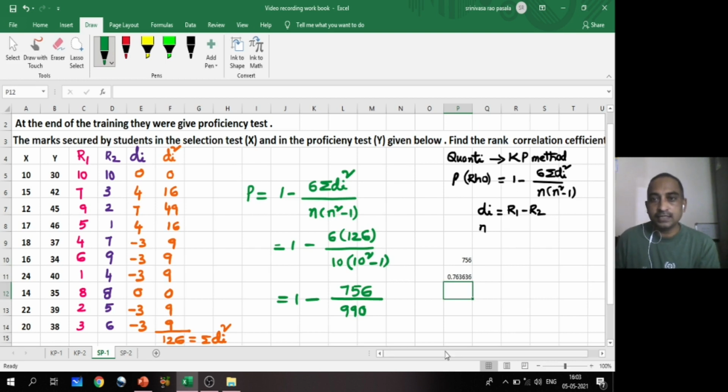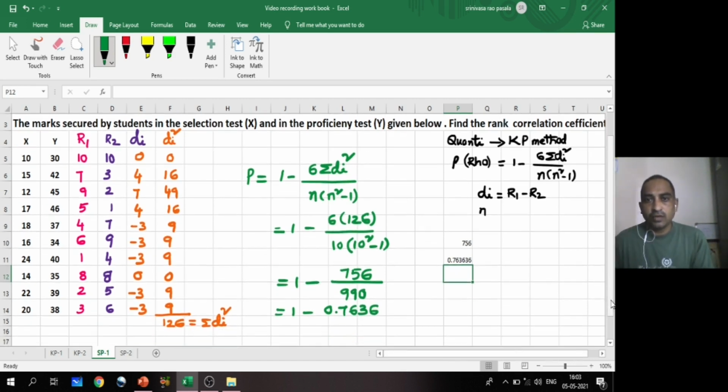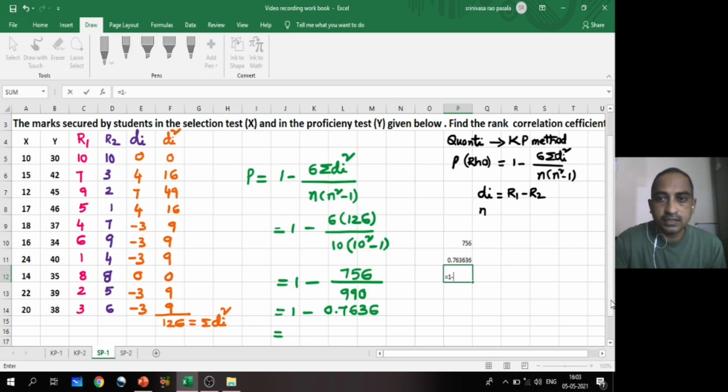So that value is 0.7636. Then I have to do 1 minus 0.7636, right?